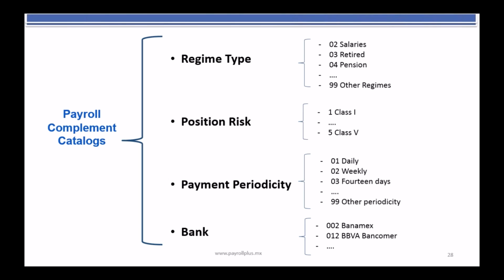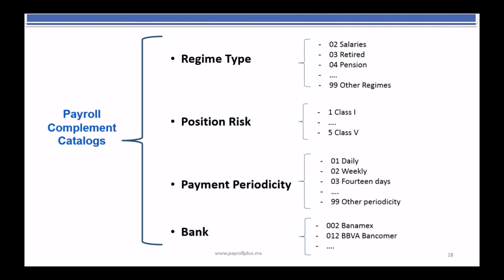Now we have the catalog for payment type. This is one that already existed but has been amended, and the regime type is how the employee has been contracted by the employer.